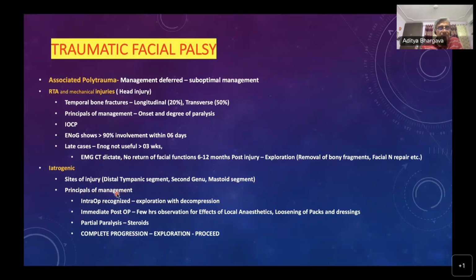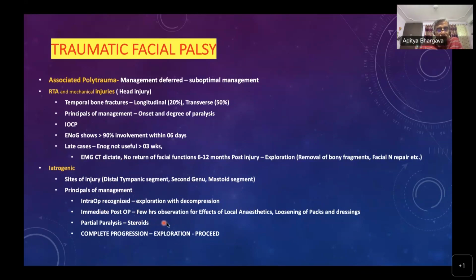Here, what are the principles of management? Suppose intraoperatively you feel that you have injured the facial nerve. It is recognized. Then re-explore all the sites we have mentioned and decompress there and then, because the wound is open. Immediate post-operative, the patient has come out into the recovery and after a few hours you notice a facial paralysis.